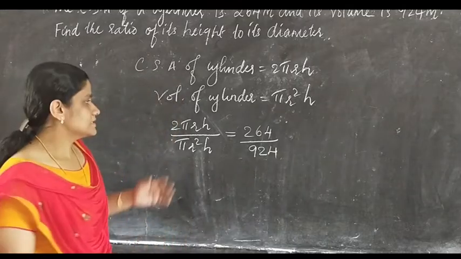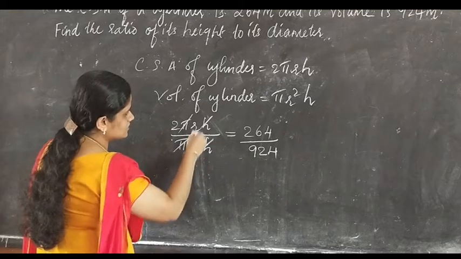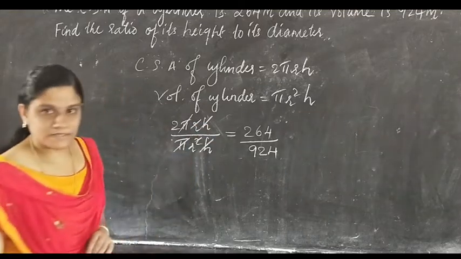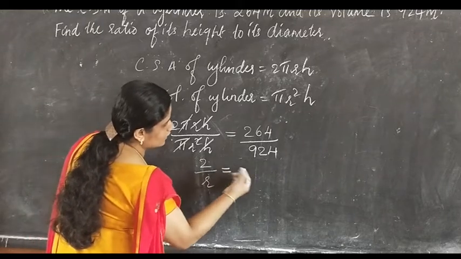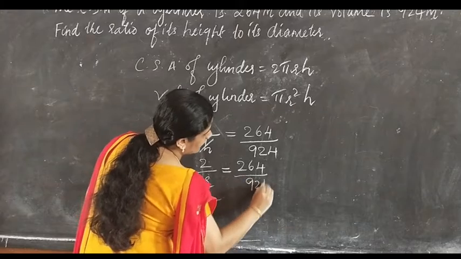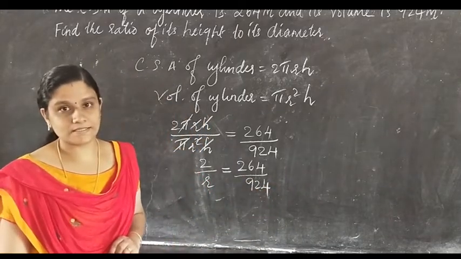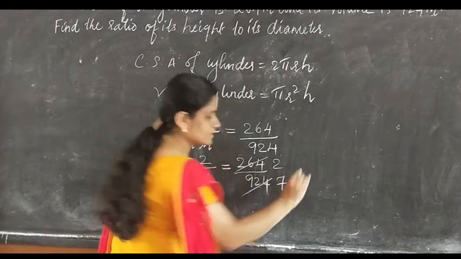So here we can cancel pi, h and one r. So what you have? 2 by r is equal to 264 by 924. So when we simplify this, you will get 2 by 7.